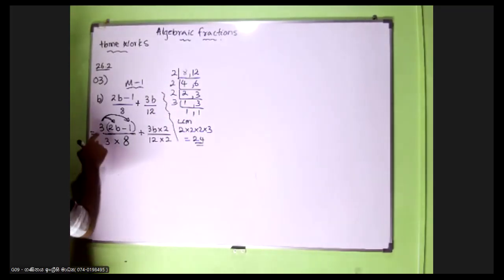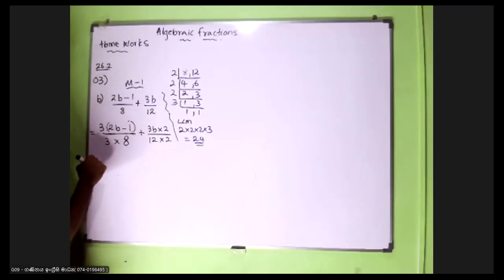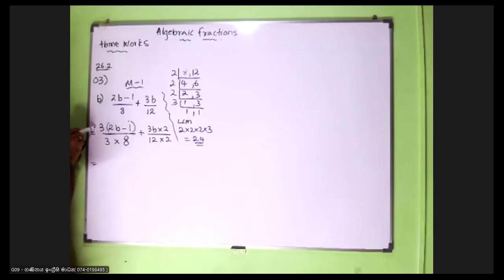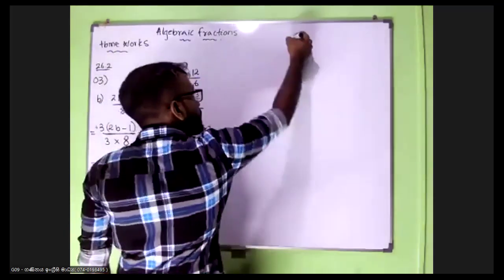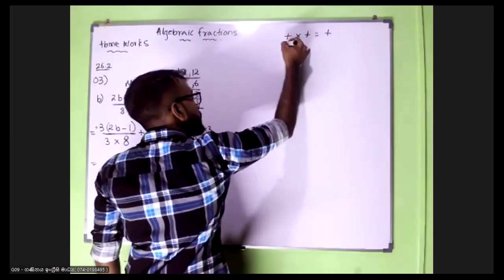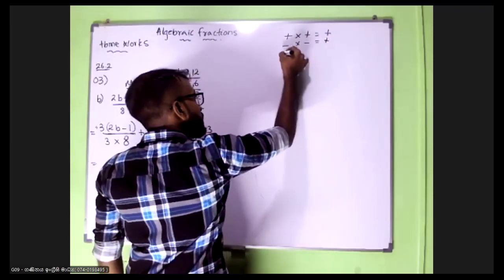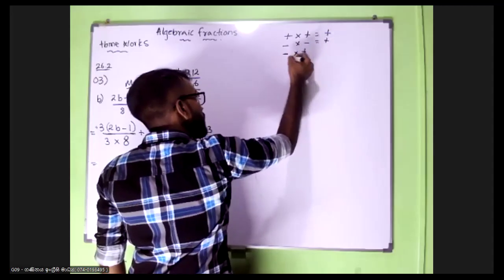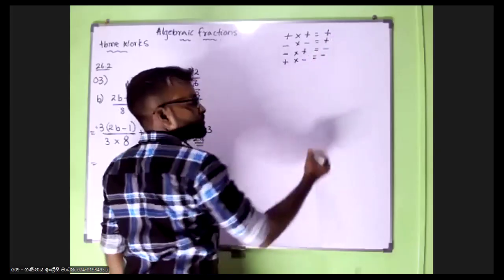So how do we do this? First of all, in front of this bracket, I have positive 3 to multiply. Here I have a positive sign, and inside the bracket I have positive 2b, negative 1. So sign conversion: positive multiplied by positive is positive, negative multiplied by negative is positive, negative multiplied by positive and positive multiplied by negative are negative.